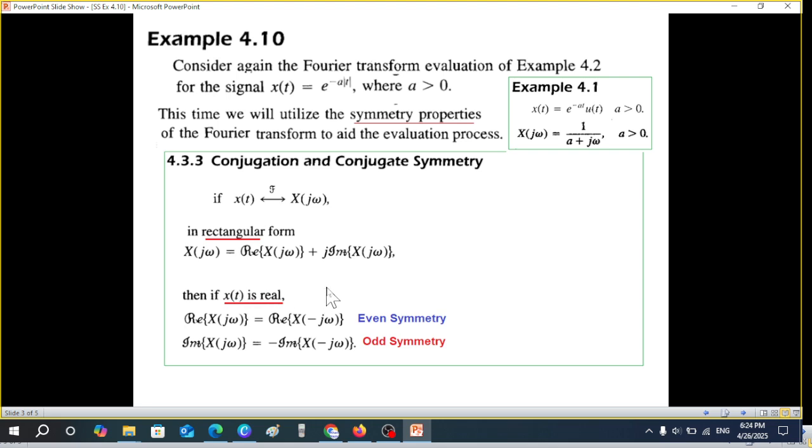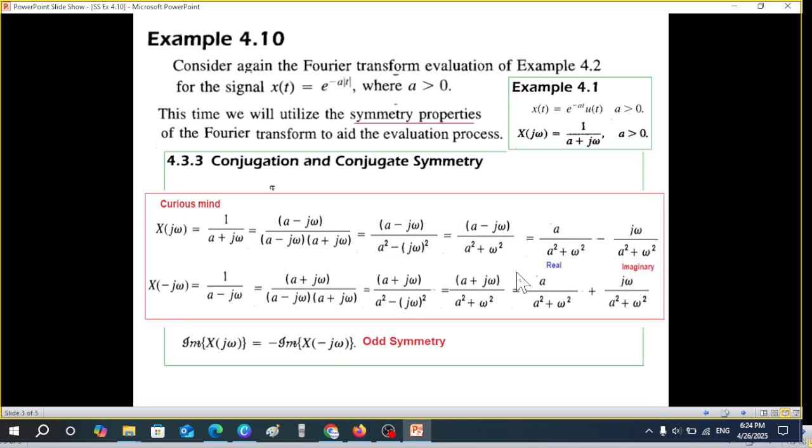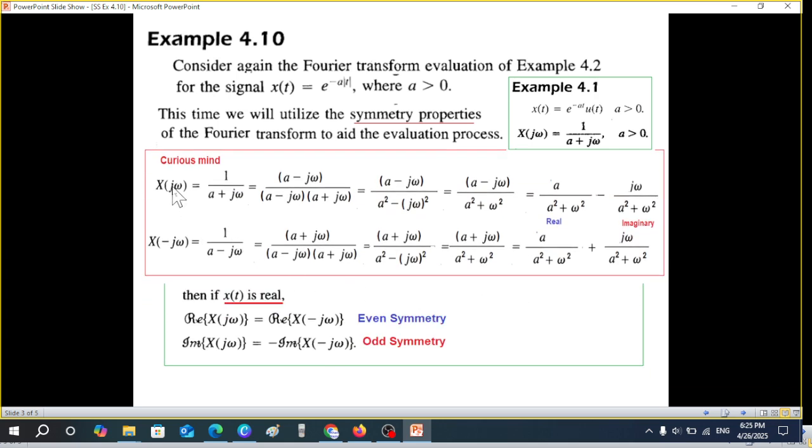And if the x(t) signal is real, then the real part of X(j omega) and the real part of X(minus j omega) will be equal, and this will be called even symmetry. And the imaginary part of X(j omega) will be equal to minus the imaginary part of X(minus j omega), and this will be odd symmetry.